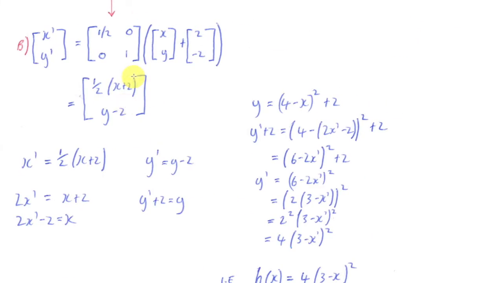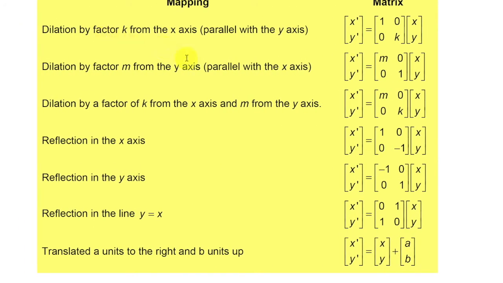And you can see that what we need to do is take the original x and y and pre-multiply it by that matrix here. So you can see dilation factor of m from the y-axis, that is parallel with the x-axis, is that the new x and y will be equal to the original x and y pre-multiplied by this matrix, where m represents the dilation factor from the y-axis, i.e. parallel with the x-axis.